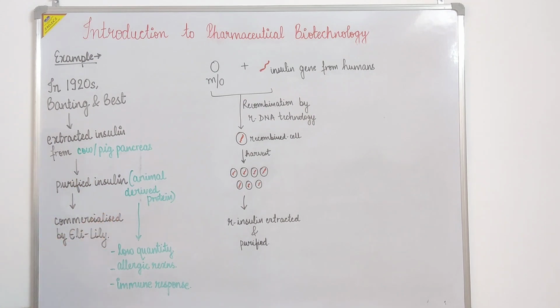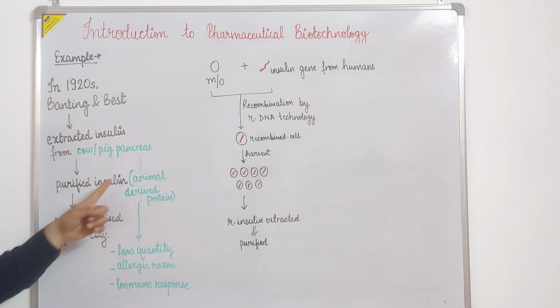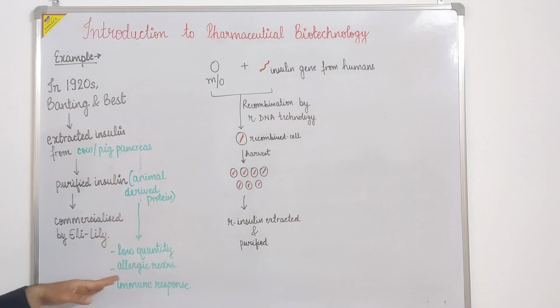Okay, so what was the disadvantage of using animal derived protein? First, they were produced in very low quantities. So it was not sufficiently produced so that the humans can use. And then when we talk about the side effects, it had allergic reactions and immune response. Why did we have an immune response?